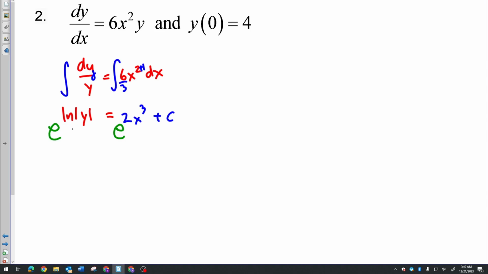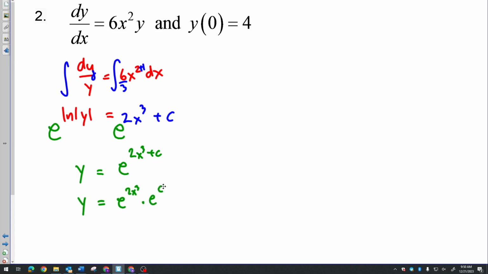Okay, so when you exponentiate a log, the ln falls out. Remember, the absolute value also falls out here. Okay, and this becomes e to the 2x cubed. Guys, this c is up in the air here. Okay, you can't just exponentiate only part of the right side. You have to exponentiate the whole right side. Okay, then what this becomes, remember, is e to the 2x cubed times e to the c.